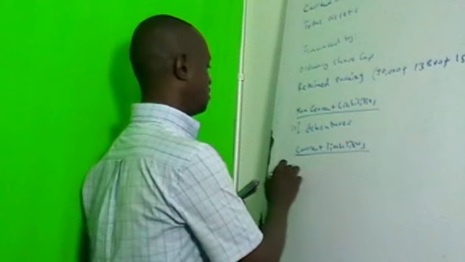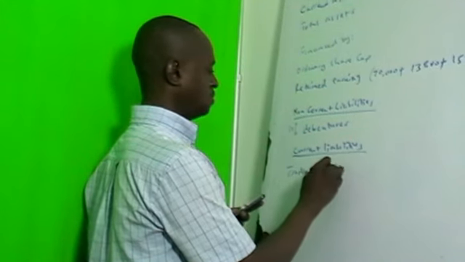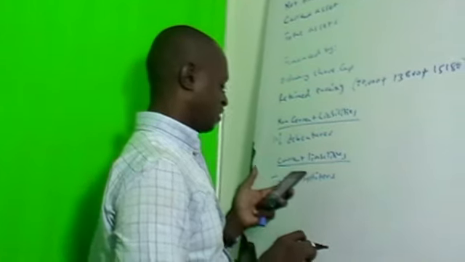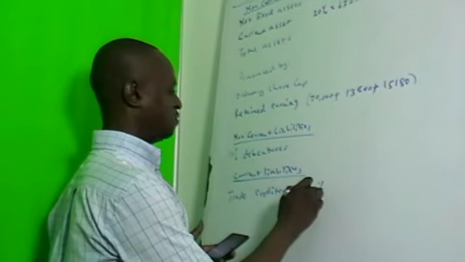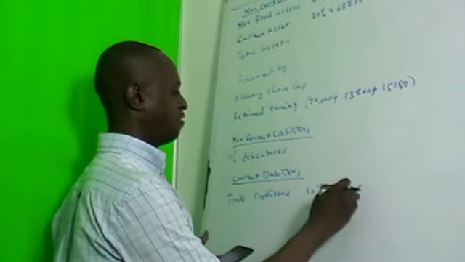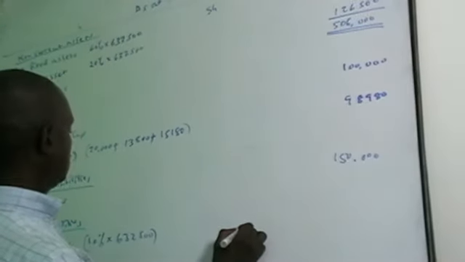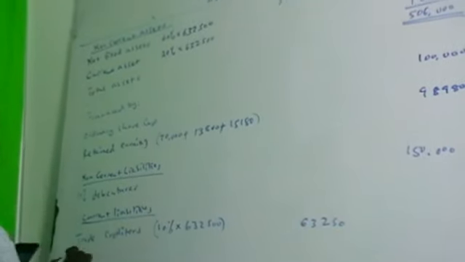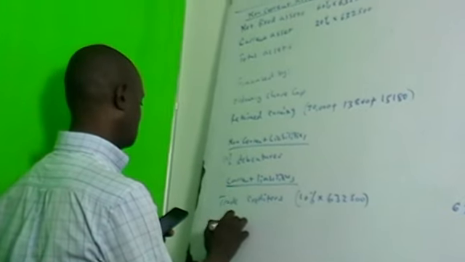We have two items here. That is trade creditors. Trade creditors, we had calculated the relationship, which was 10%. So we have 10% of 632,500. So that is 63,250.